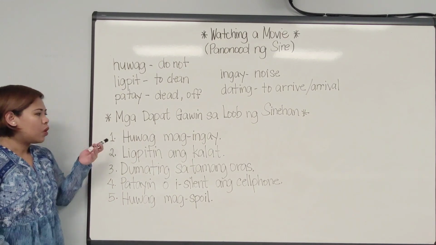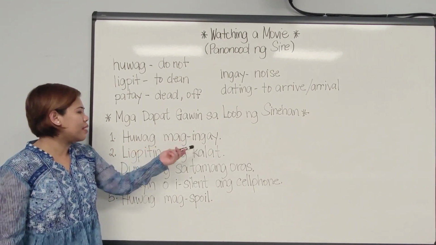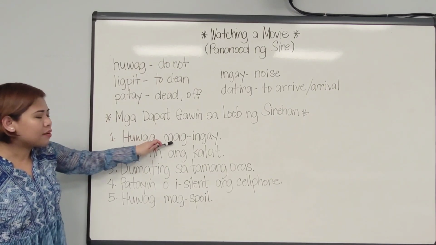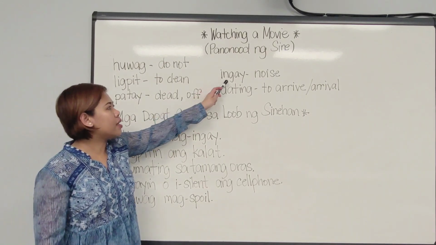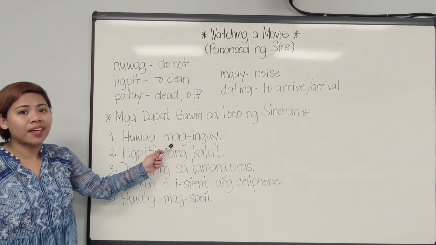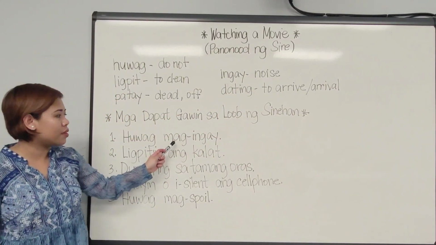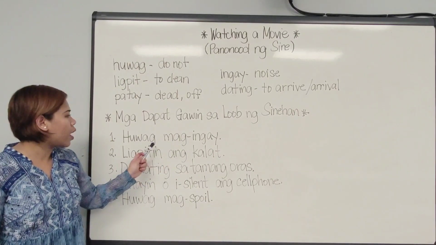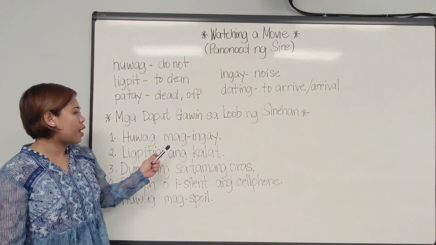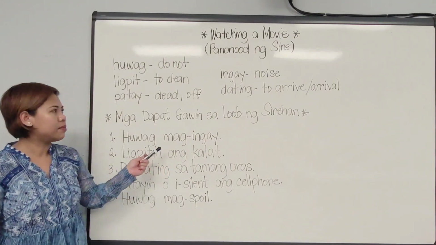Number 1, huwag mag-ingay. Huwag means do not. So if ingay is noise, it's a noun there. Now you say mag, then you have a clue that this one became a verb. Do not make noise. But in Filipino, it actually means do not be noisy.